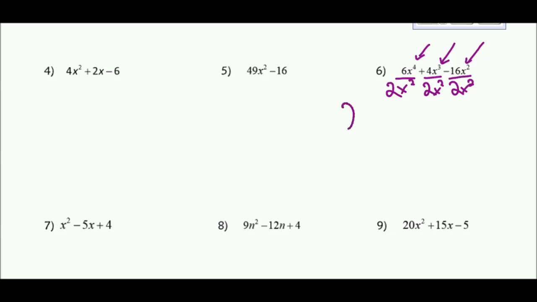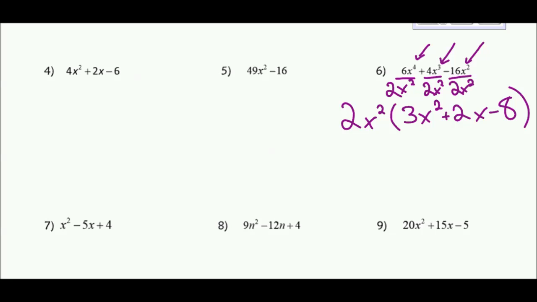That would give me 2x squared on the outside of the parentheses, and then 3x squared plus 2x minus 8. So really, that was just taking the GCF out. This is now one of the problems that we just did. So you're going to take this and now factor it just like we just did.